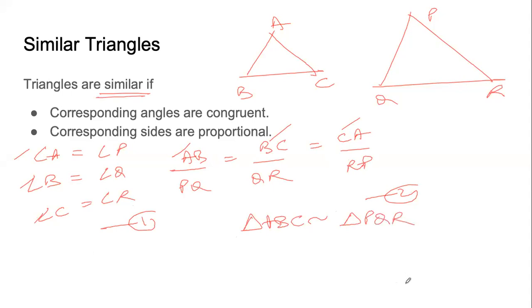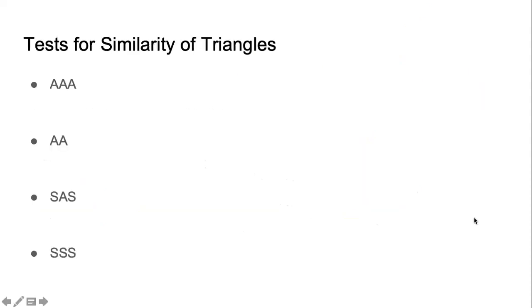But then we also studied that it is not necessary to check all the 6 things. We don't need to compare all the 6 angles and all the 6 sides. We can test whether the triangles are similar or not by just checking 3 or 2 things. And we studied about these tests this year.